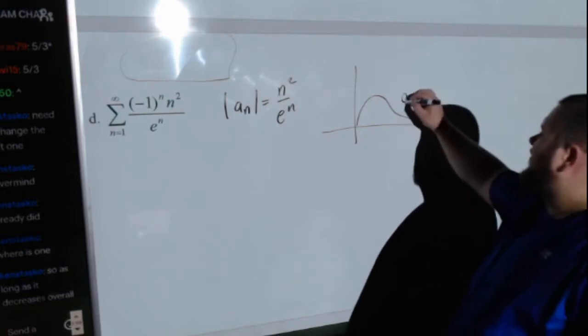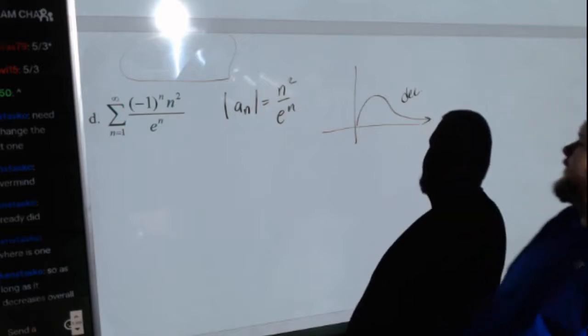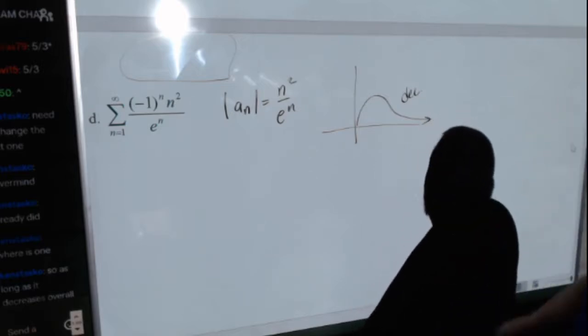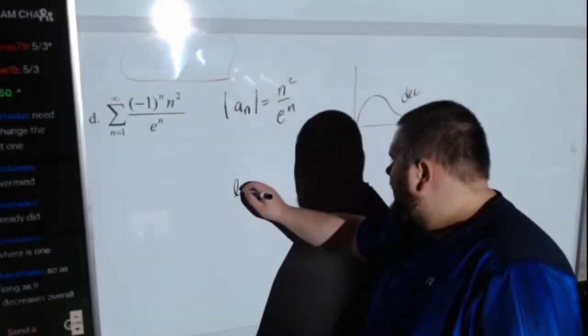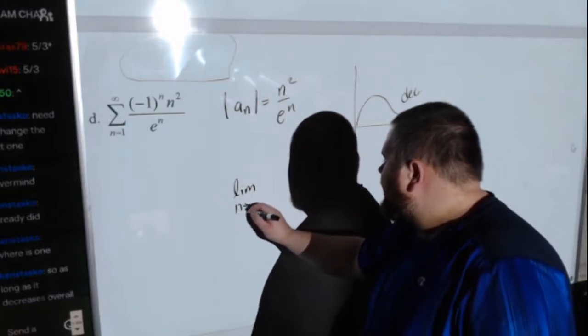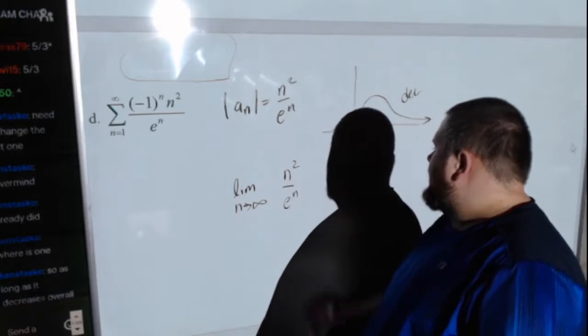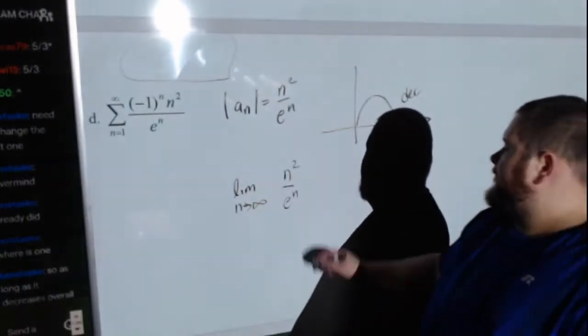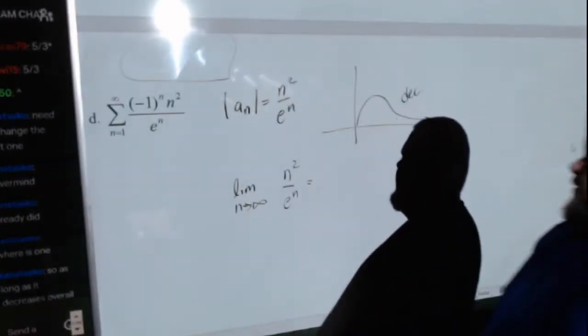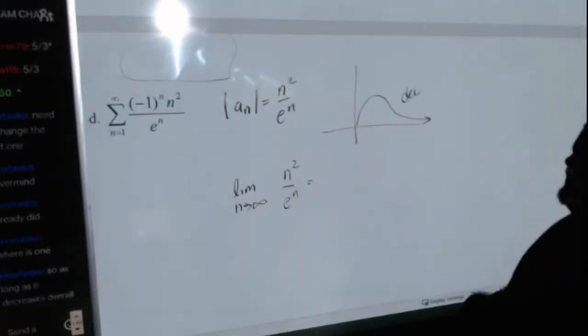We can still claim this is decreasing. And then we need the limit as n approaches infinity of n squared over e to the n. What do we do in this case? Any ideas?